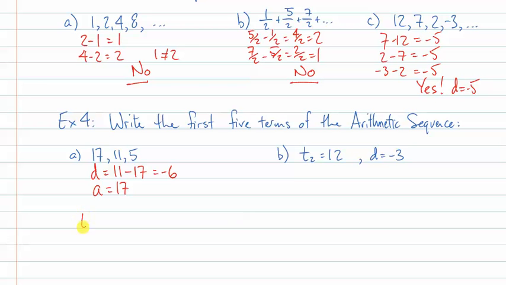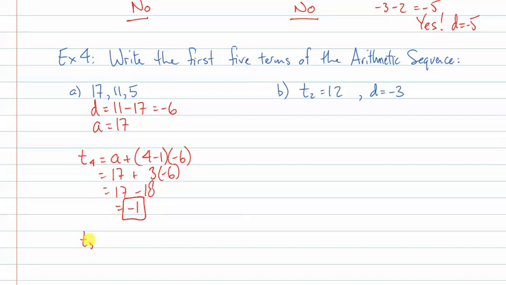Let's use that formula. The fourth term is based on the first term and 4 minus 1 common differences. So 17 and 3 times negative 6, which is 17 minus 18, or negative 1. That's my fourth term.